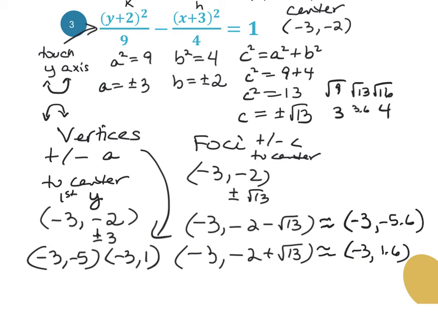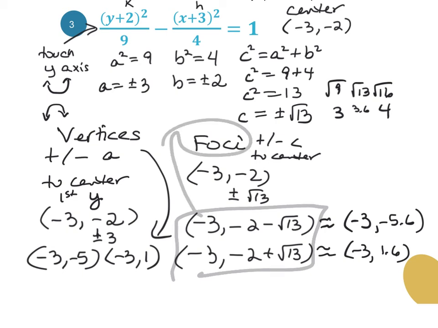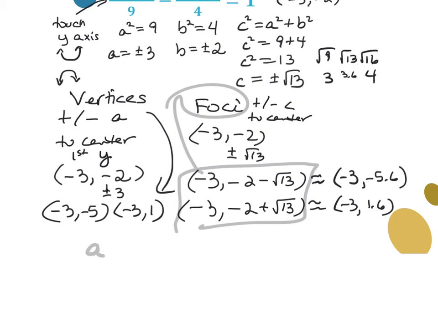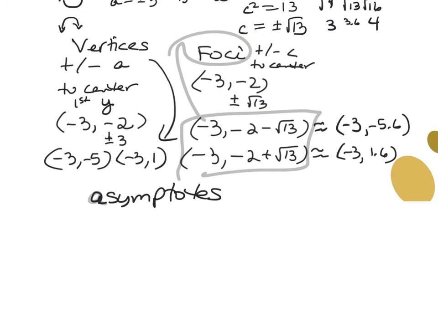Last thing I need to find are my asymptotes. When you're keying it in a WebAssign, you're going to key it in as simplest radical form. If for some reason they ask you to round it, then you would do it on your calculator, but radical form will be fine. For the asymptotes, we can either do the one that was on the previous slide, or we can do it in the point slope form.